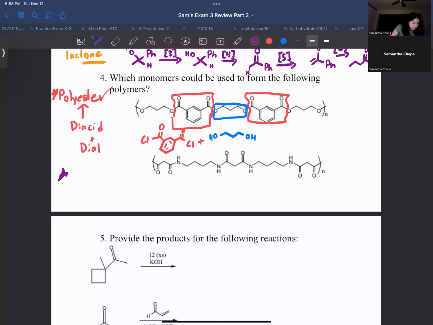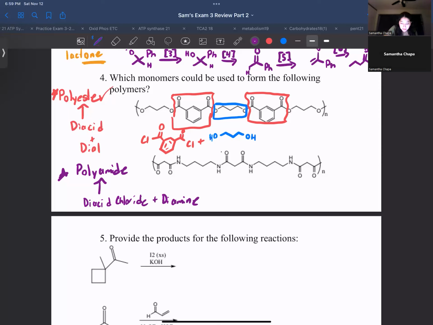This next one that we're doing is a polyamide. And the way that you make those is also a diacid chloride and a diamine. So diamine, two amines, diacid chloride, two acid chlorides. Here you're going to do the same thing.